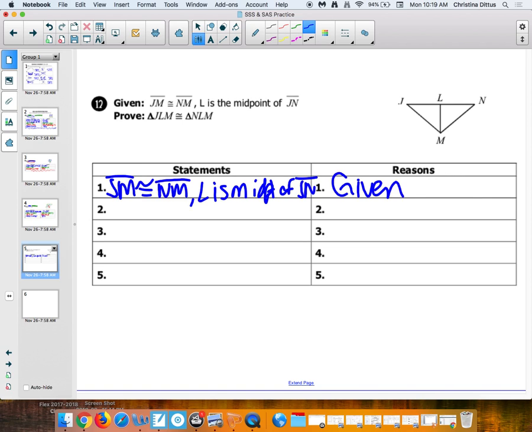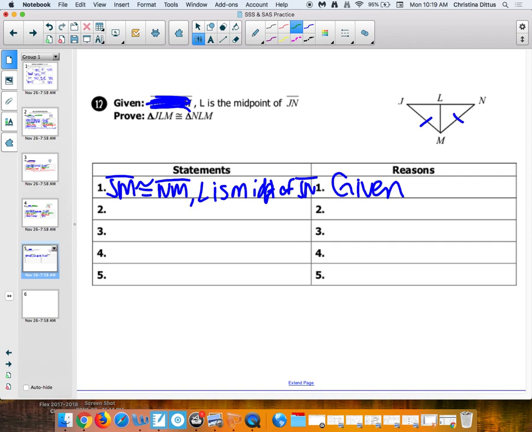Hold on, you're ahead of me. Go back to you. And M is equal. Yep, JM and NM are the same. Lexi, you were throwing L's in there. Why? Because L is the midpoint of two sides. Yeah. So my two sides have to be the same, right?